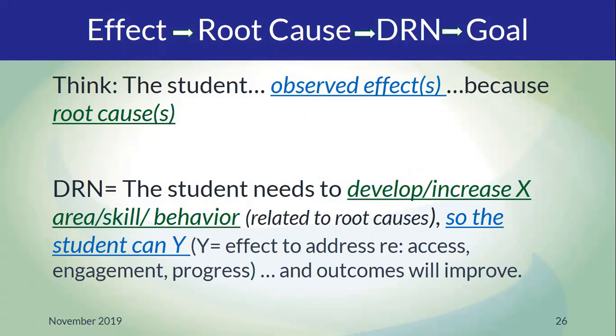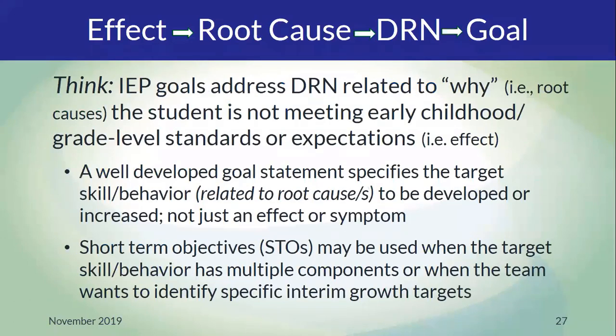So the student can Y. In other words, Y is the effect. So the student can better access, engage, or make progress in general education, instruction activities, etc. And the result of this is that we expect the outcomes will improve. And outcomes, those are the things that we check. The student will better meet the standards and expectations that apply to all kids. So that's kind of the thinking of how these things connect.